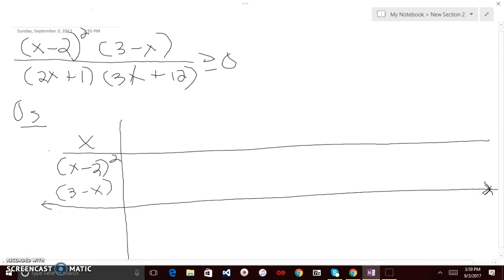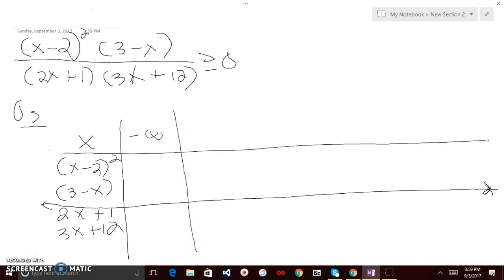So then you put 2x plus 1, and then you put 3x plus 12. Alright, so our zeros here are going to be, let's start with negative infinity.